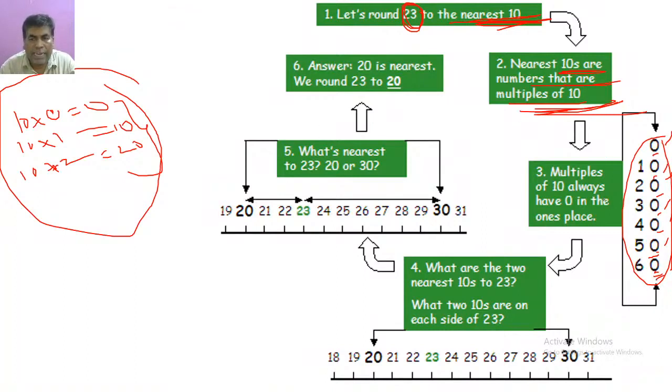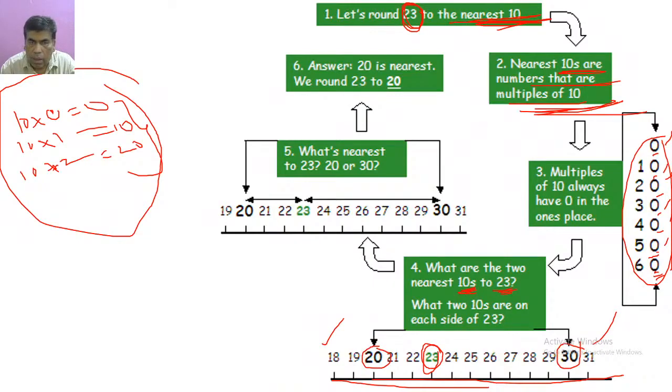Now we have to find what the two nearest tens to 23 are. If on a number line I write numbers from 18 to 31, where is 23? Here it is. Where is 20? Here. Where is 30?